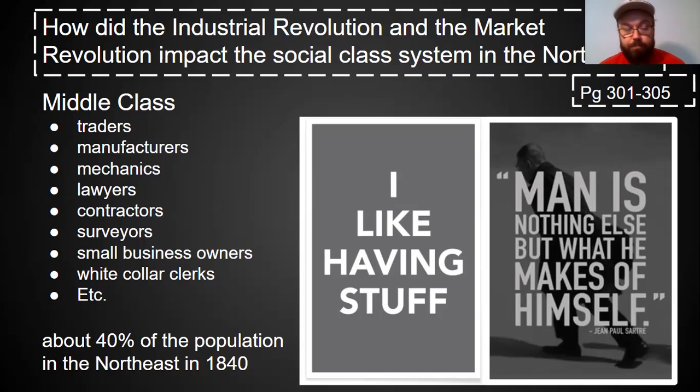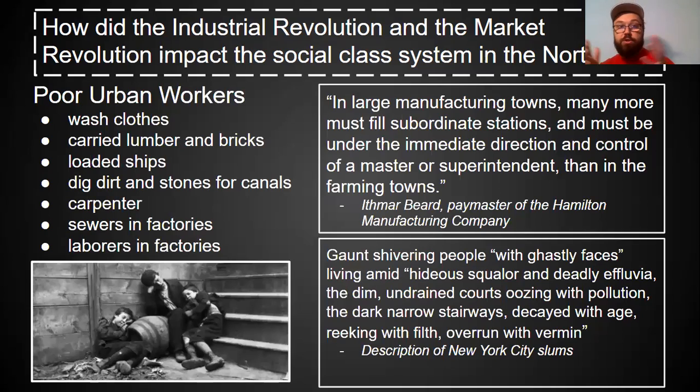So speaking about people who are poor, part of the working class, poor urban workers are the working class, right? So these are the people who are at the bottom of the pyramid, that big growing group of people. And I say growing because everybody's moving out of their cottages, and like we talked about before, you have to abandon your little workshop and come work in the factories because that's the way the economy is going.